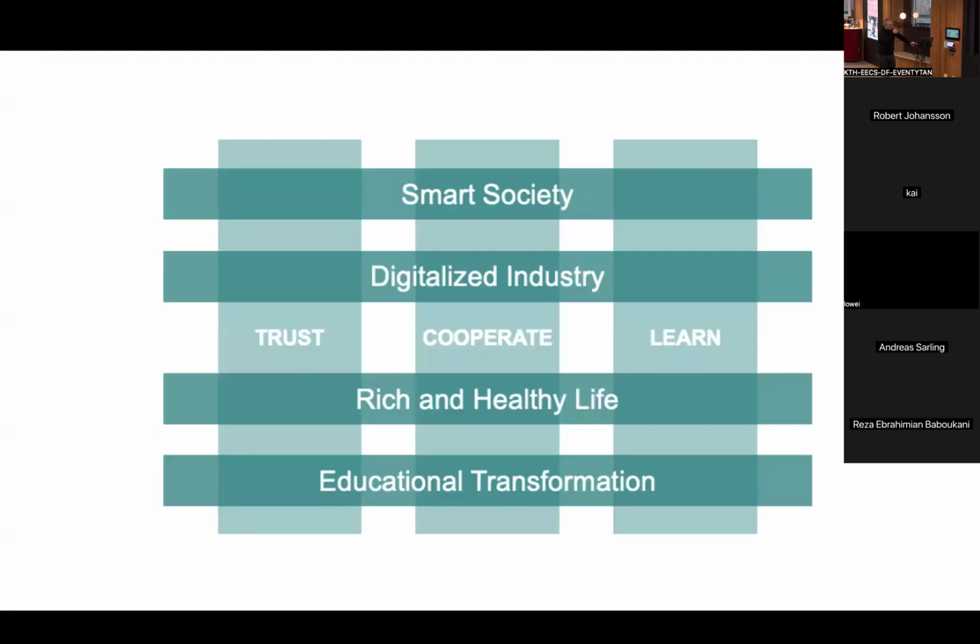And here at Digital Futures, we typically talk about 4 application domains: smart society, digital industry, rich and healthy lives, educational transformation. And obviously, all of these can be targeted.